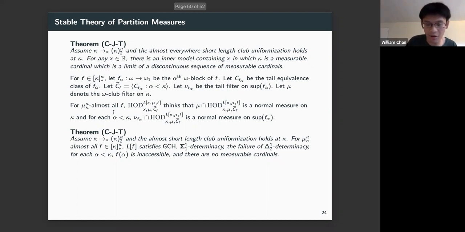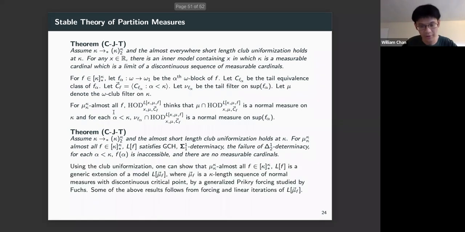These types of results follow from showing the existence of certain inner models.